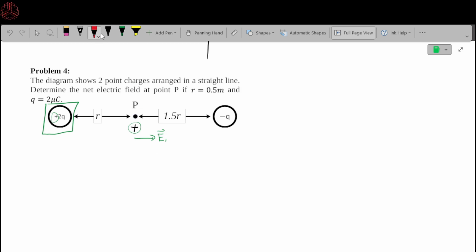And then the second thing I'm going to do is consider the positive test charge with the other source. Positive and negative is going to be attractive. So then I have E2 pointing to the right as well. So the net electric field is simply going to be E1 plus E2.